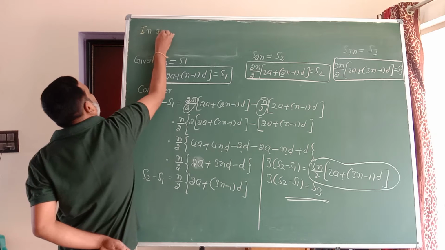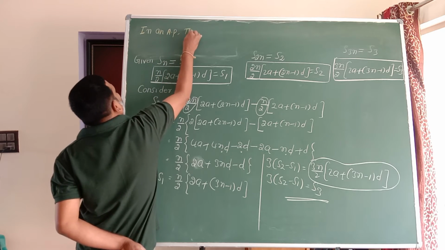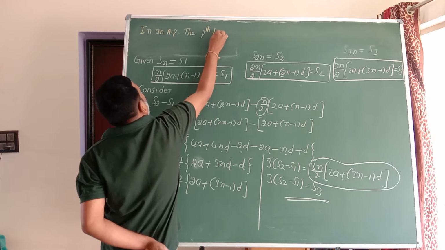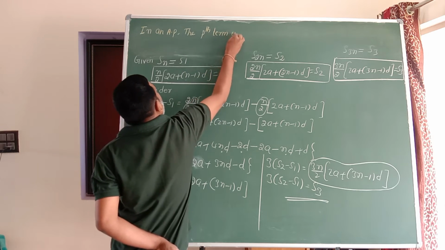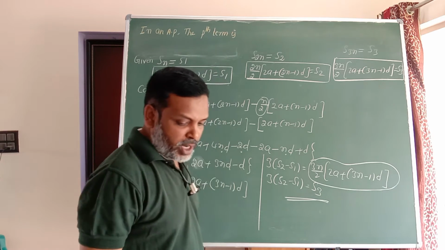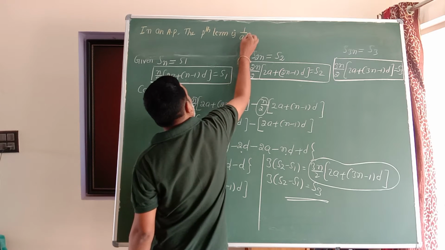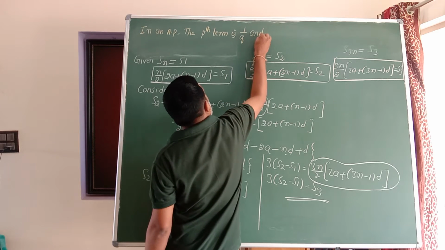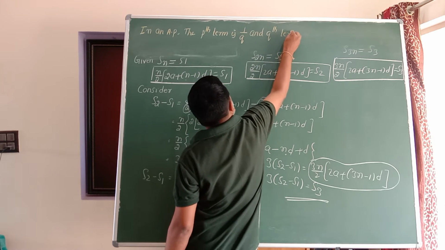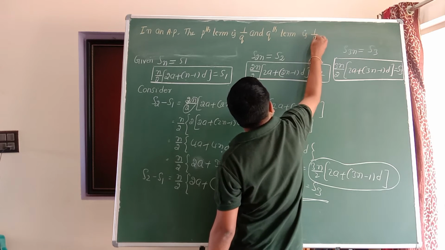Next question. In an AP, the pth term is 1 by q, and the qth term is 1 by p.